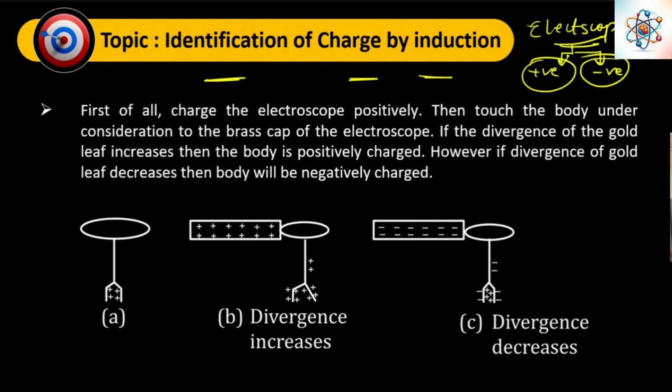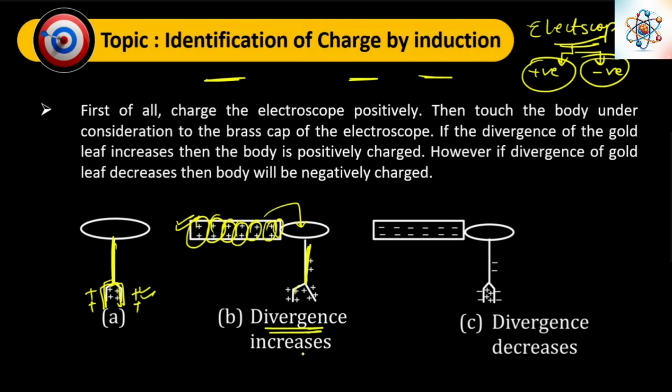So if a positively charged body is close to it, it has a metal strip sort of thing which is of positive nature, like it has positive charge in it. When you bring any object which is positively charged in nature, the strips are supposed to diverge.